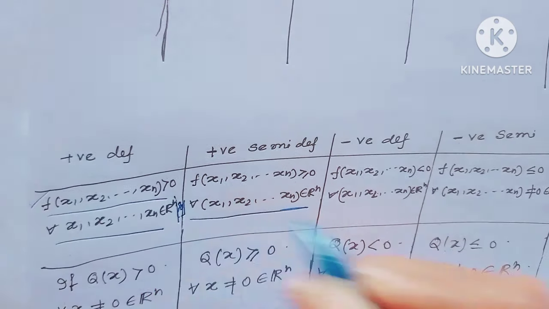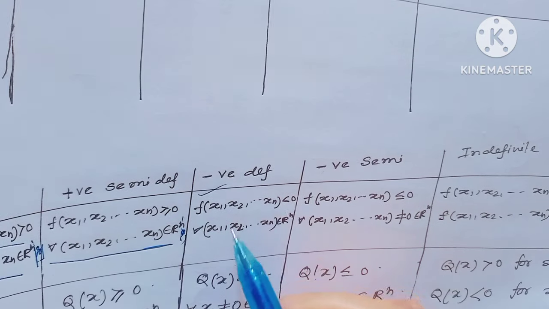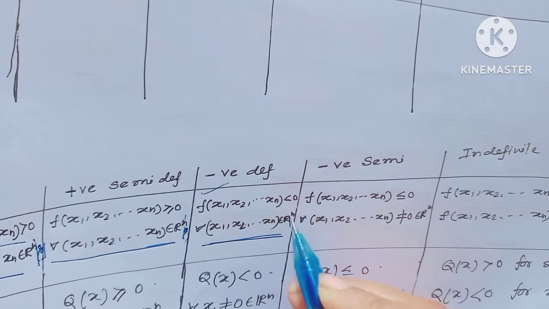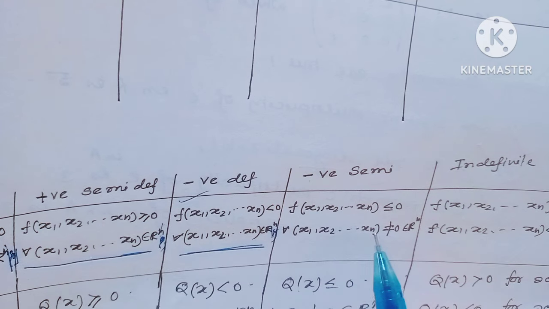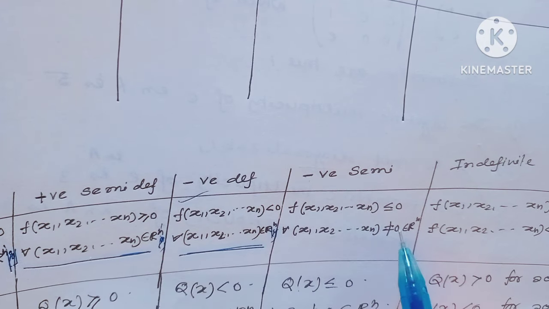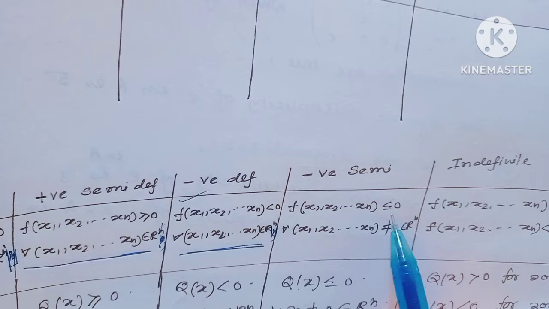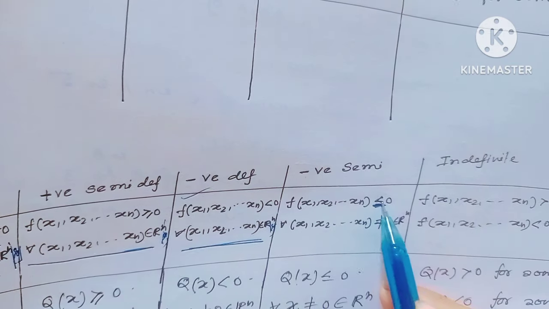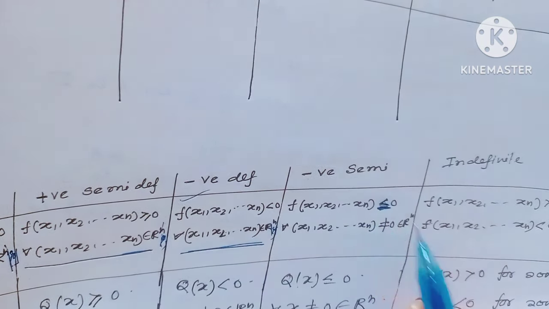Negative definite means f is less than 0 for all nonzero x, and negative semi-definite means this value is less than or equal to 0.